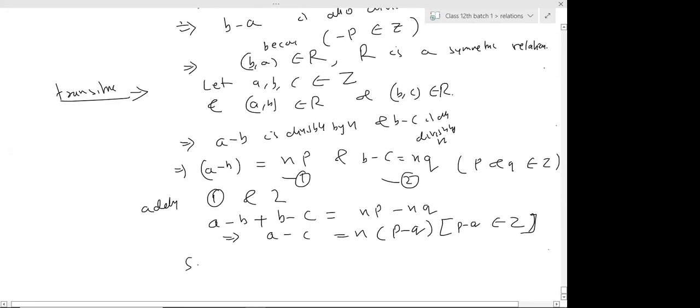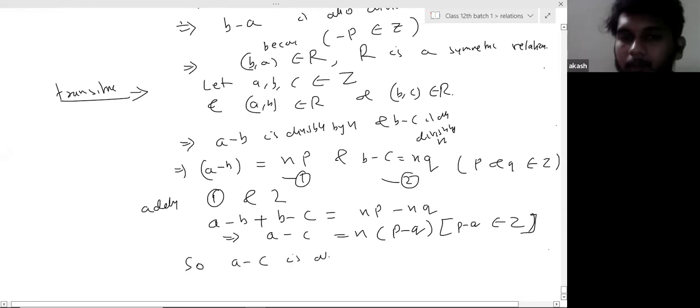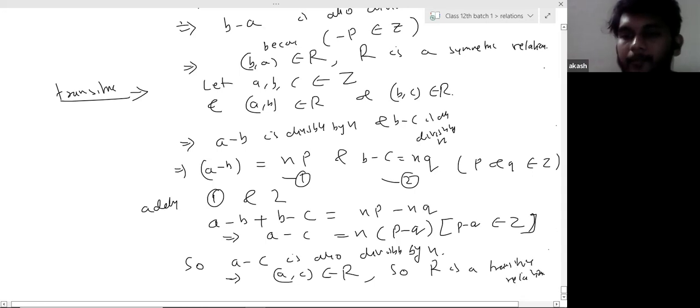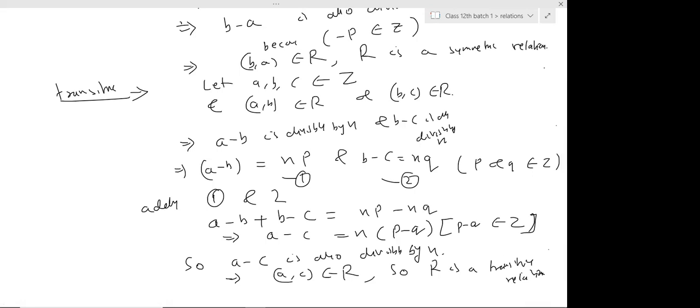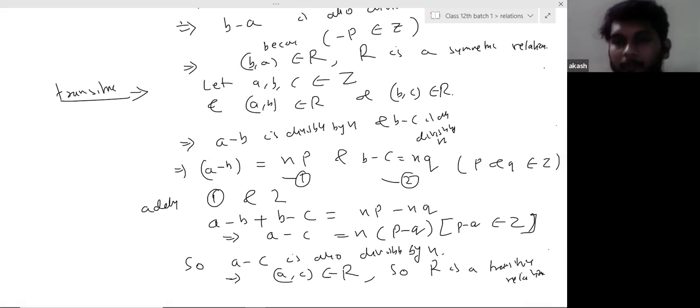So we can say a minus c is also divisible by n. This implies (a, c) also belongs to R. So R is a transitive relation. This is clear, everyone? Yes, sir. This is the way to write the answer.